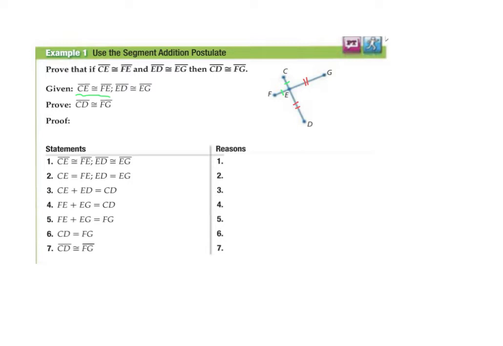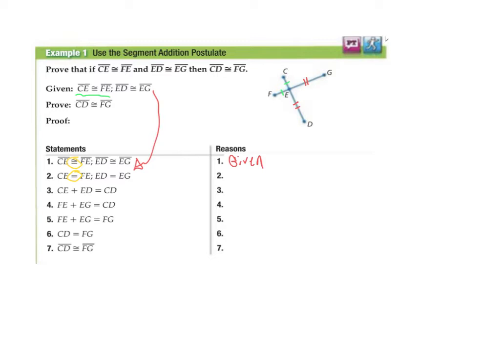So my very first statement is actually my given information. They just took my information and said, this is what you're given, so the reason is given. Then my next statement is saying basically the same thing, but the only difference is that instead of a congruent symbol, I have an equal symbol.